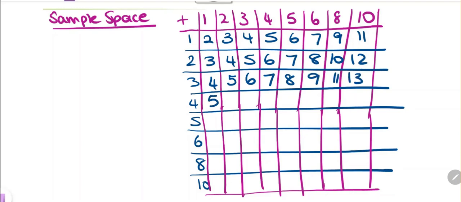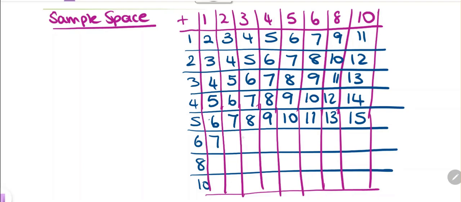Then 5, 6, 7, 8, 9, 10, 12, and 14. Adding again, we've got 6, 7, 8, 9, 10, 11, 13, and 15. 6 and 1, so we have 7, 8, 9, 6 and 4 is 10, 11, 12, 14, and 16.